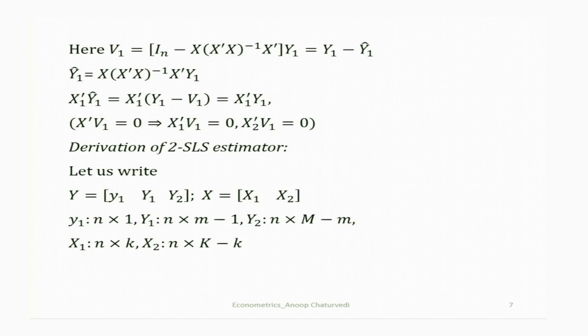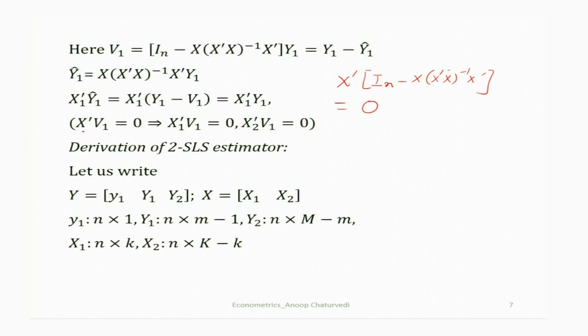Obviously, if you take x transpose V 1, then x transpose I n minus x, x transpose x inverse x transpose, this is equal to 0.